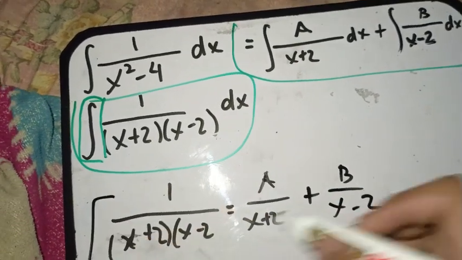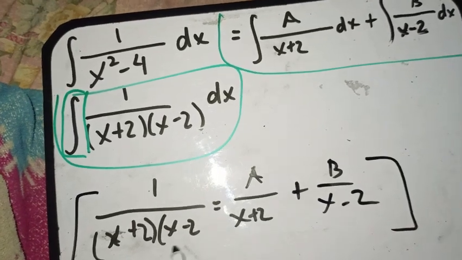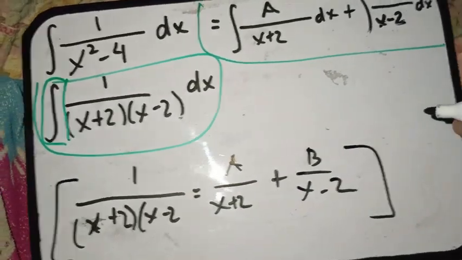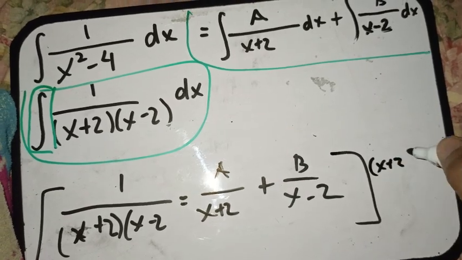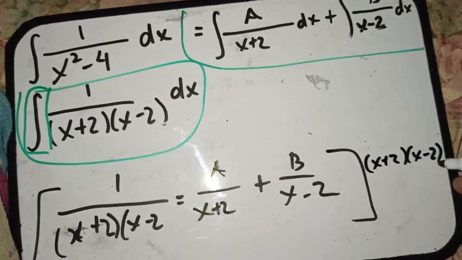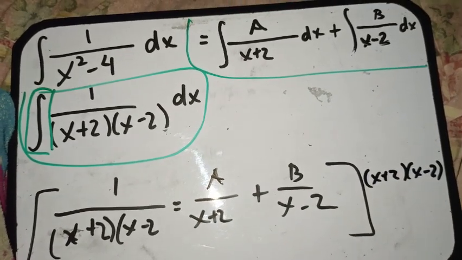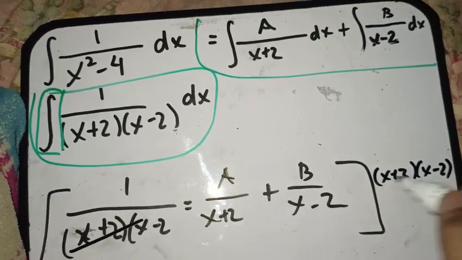Now, to cancel the denominators, we multiply both sides by x plus 2 and x minus 2. So this will cancel out.